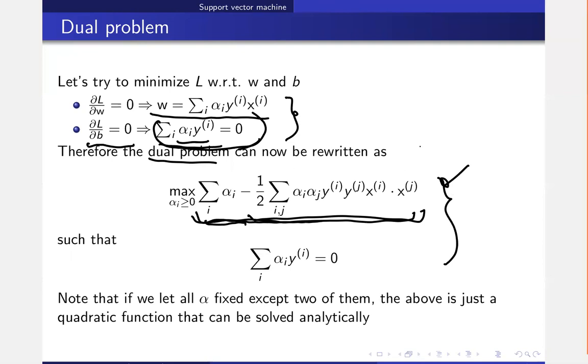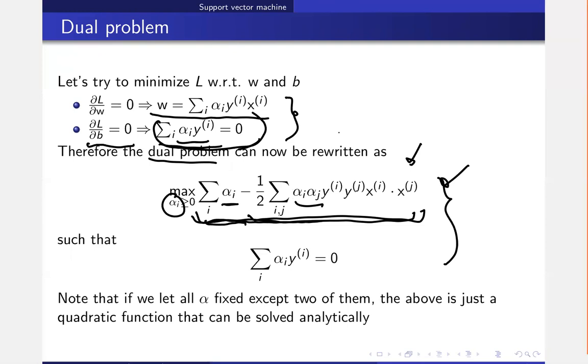We're solving for alpha, right? But what is this thing here? It's essentially just a quadratic equation of alphas, a sum of linear terms of alpha and then this product term of alpha. It's really just a quadratic equation. And you know that a quadratic equation can be solved in closed form, right?